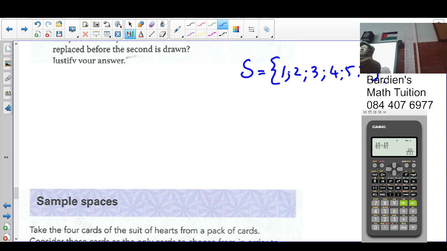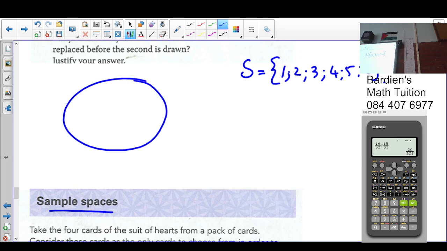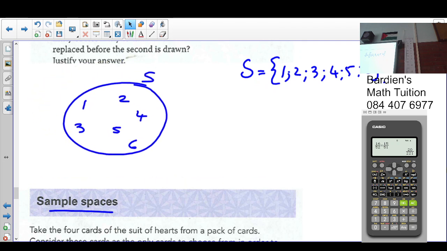If I write S as a sample space, I'll put the S there, and I'll put 1, 2, 3, 4, 5, 6. The numbers don't have to be in that order; the 5 could have been here, and so on. You guys understand? That is your sample space.